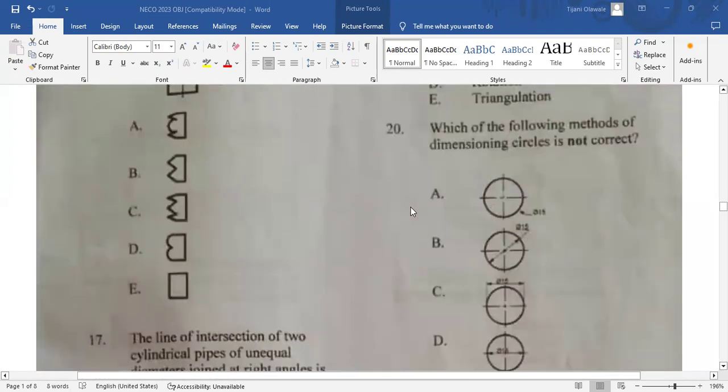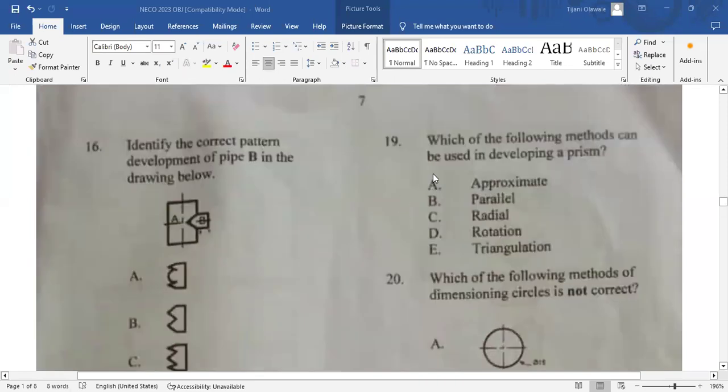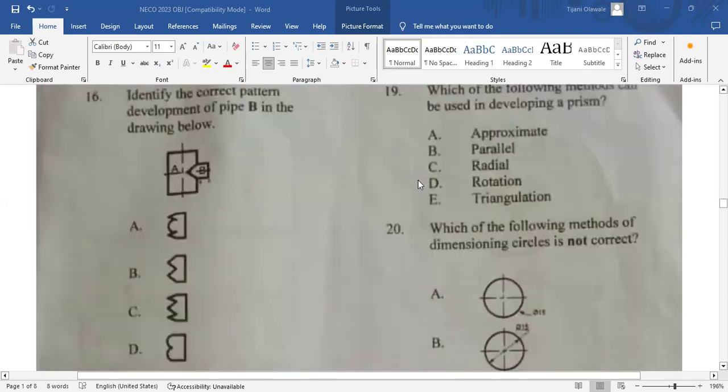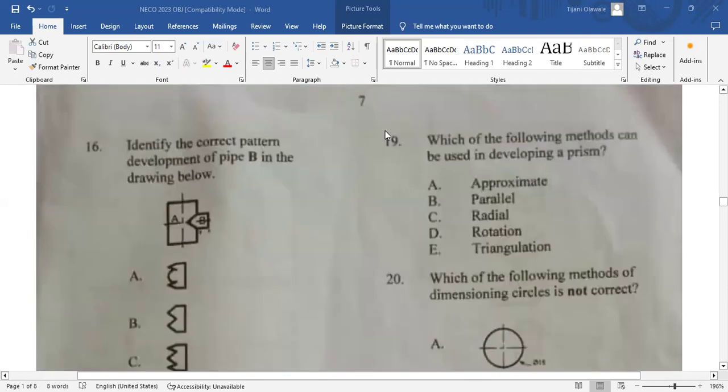Then move to question 19. Well, I've answered question 18, that's what I just answered. Question 19 says, which of the following methods can be used in developing a prism? We use the parallel line method.